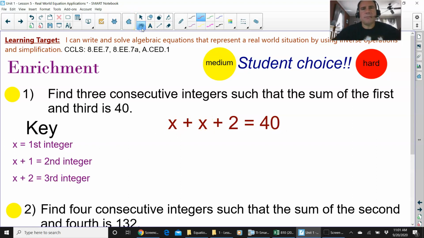Okay, now we're ready. So if you did make a mistake on that one and you got a decimal, change it. Because they're only talking about the sum of the first and the third. And that's what you would get.